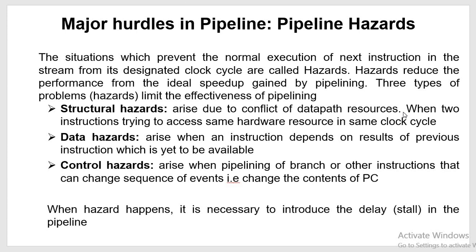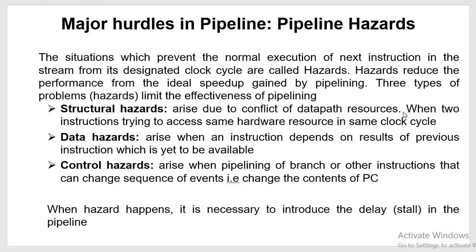A situation which prevents the normal execution of the next instruction in the stream from its designated clock cycle is called a hazard. If any hurdle creates some problem for the pipelining and delays the starting or the completion of that particular instruction, that is called a hazard.